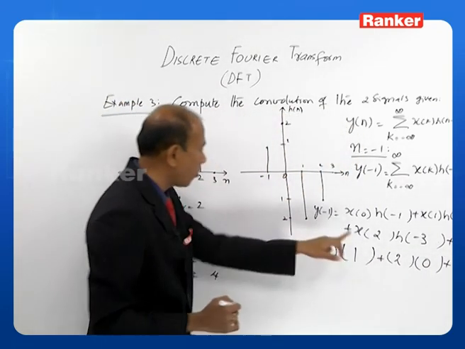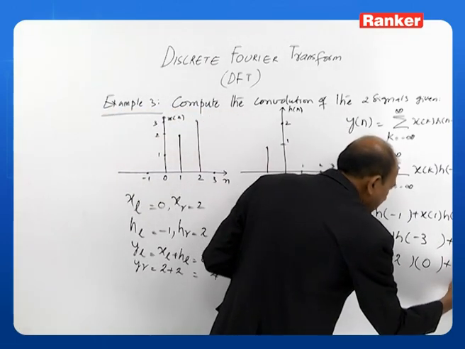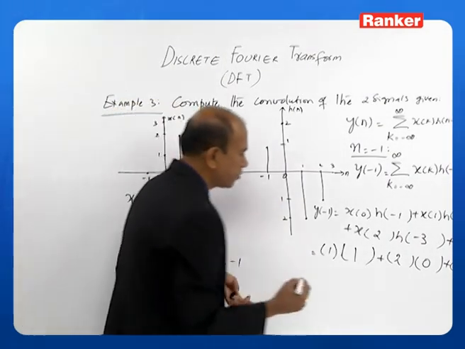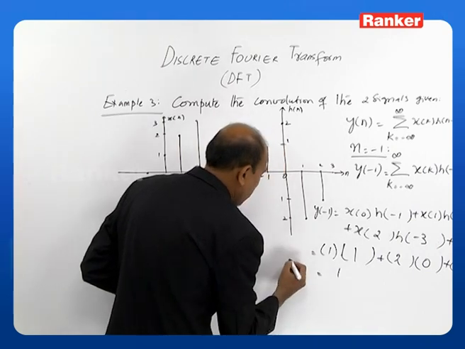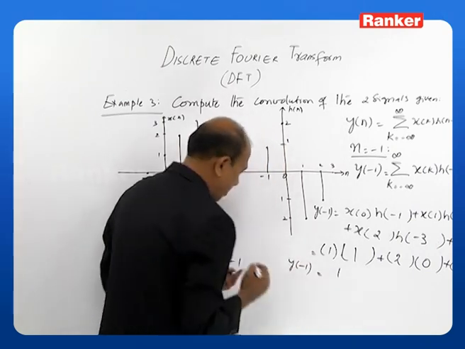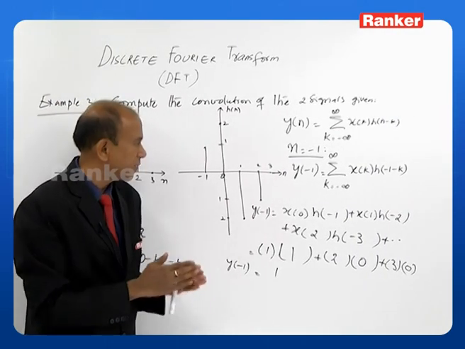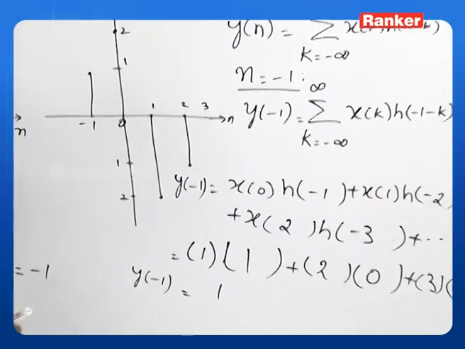Plus x of 2, which is 3, and h of minus 3 is not existing, so this will become 0. So, finally, this is equal to 1. So, y of minus 1 is equal to 1. Let us write down this value somewhere here for further reference.